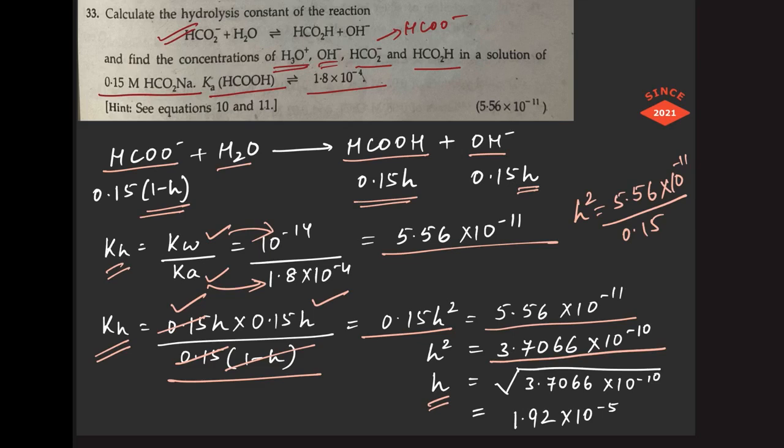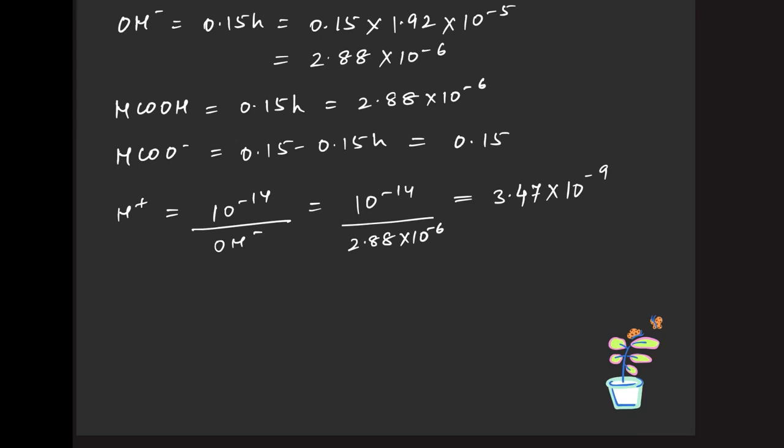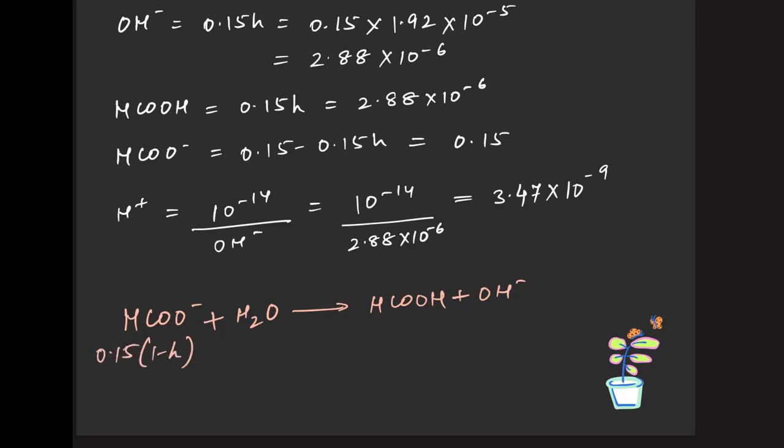And what will be the value of H? Take the square root of this value, and the value of H is 1.92 into 10 to the power minus 5. The reaction is HCOO minus plus H2O forming HCOOH plus OH minus. Okay, so here the concentration of HCOO minus is 0.15 into 1 minus H. H2O is constant, and the concentration of HCOOH is 0.15 H and the OH minus ion concentration is 0.15 H, right?